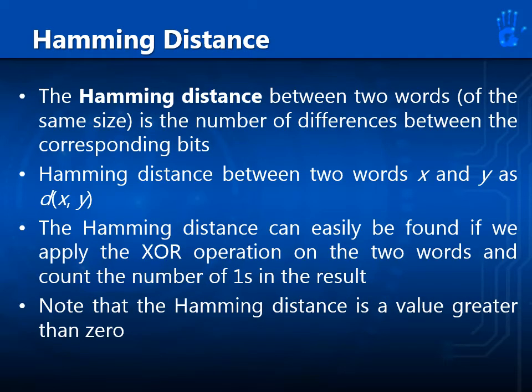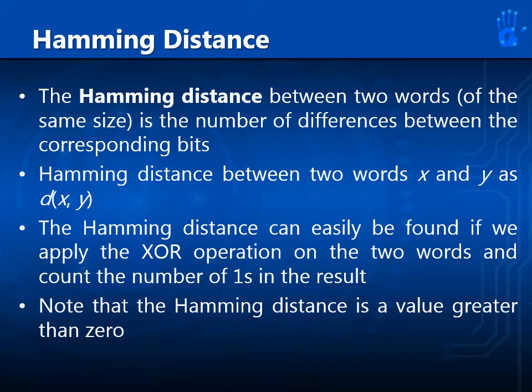Hamming distance. The Hamming distance between two words of the same size is the number of differences between the corresponding bits. The Hamming distance between two words, x and y, will be written as d(x, y).